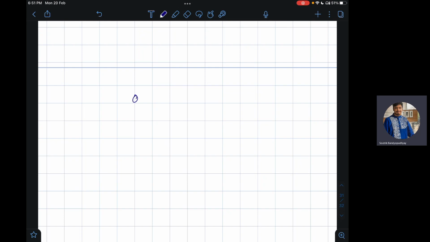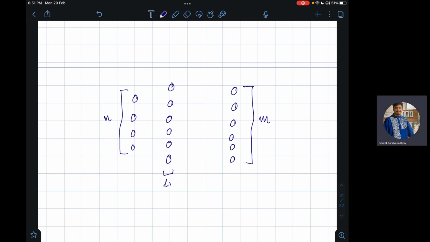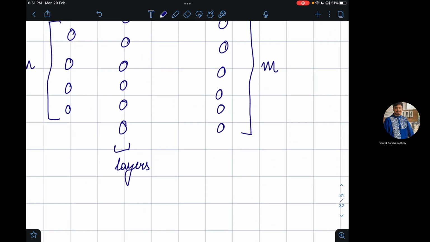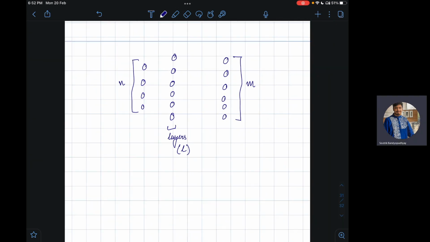So we had an n-dimensional input and we have an m-dimensional output. Let's insert one more layer. These are called layers, which has, let's say, L dimensions or L neurons, right?